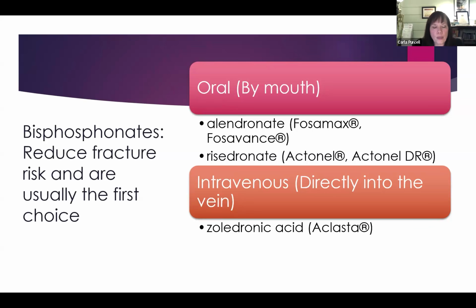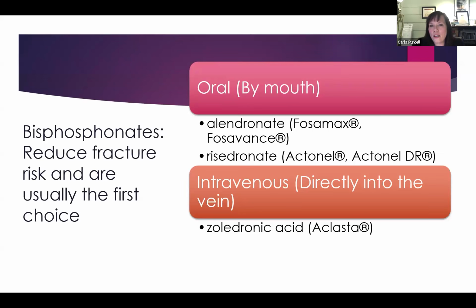These medications have been around for many, many years and are safe to use. They work on the cells that break down bone in your body, called osteoclasts, and these medications help slow them from breaking down bone or taking minerals out of your bone.